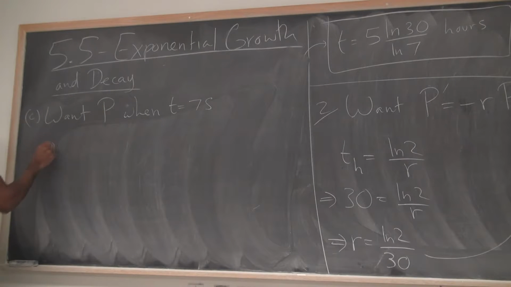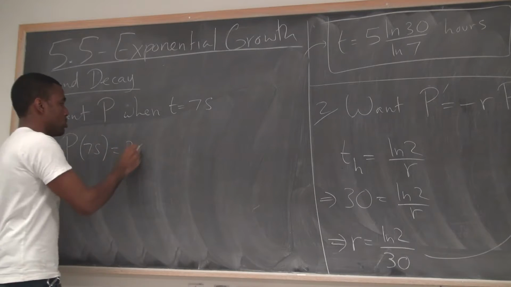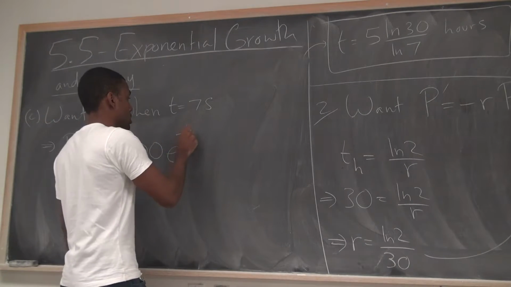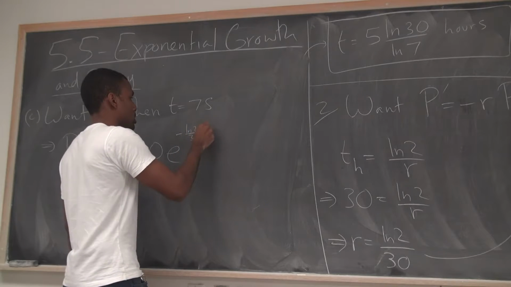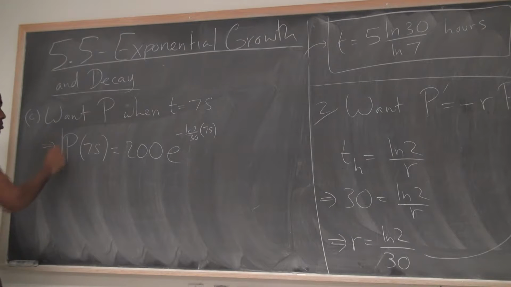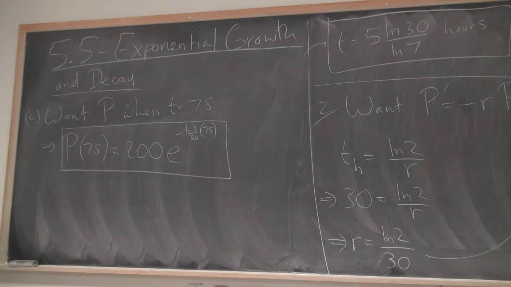So this means P of 75 is 200 e to the minus ln 2 over 30 times 75, and that's whatever. You can plug these into your calculator to see a decimal answer, but we don't care. That's part C.